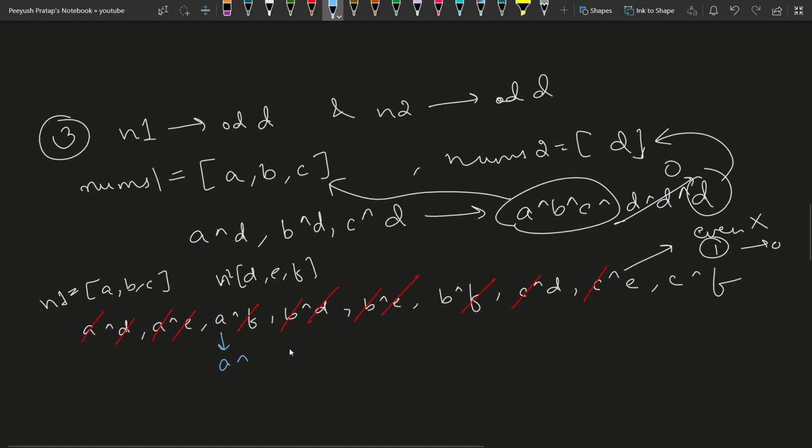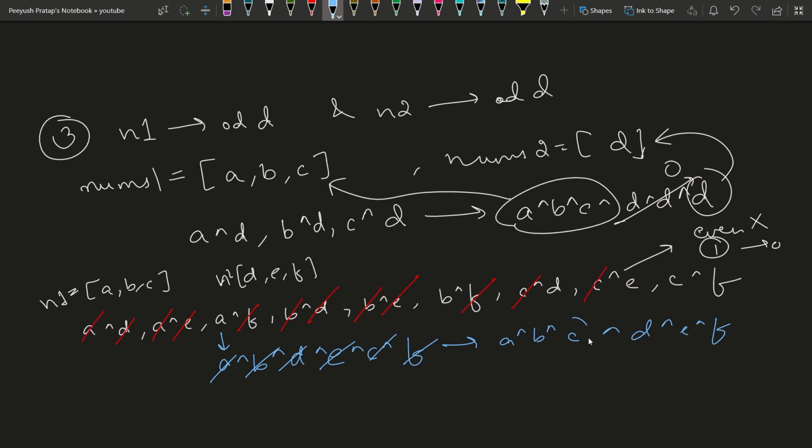1A XOR, then we are searching a B XOR, then we are searching a D XOR, E XOR, C XOR F, and if we rearrange it, A XOR B XOR C, A B C XOR D XOR E XOR F, D E F. What is this portion?